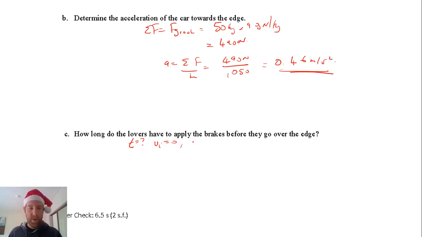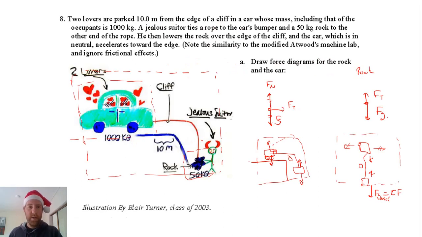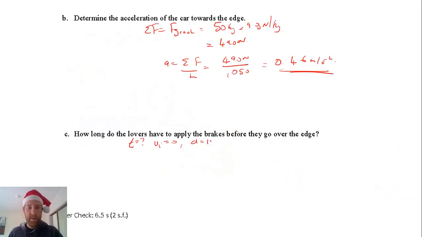We know the distance, 10 meters, and we've worked out the acceleration is 0.46. So the equation that has all those in it is d equals v_i t plus half a t squared. v_i is 0, so you get d equals half a t squared. Rearrange to find t, times 2 by both sides, divided by a, square root.